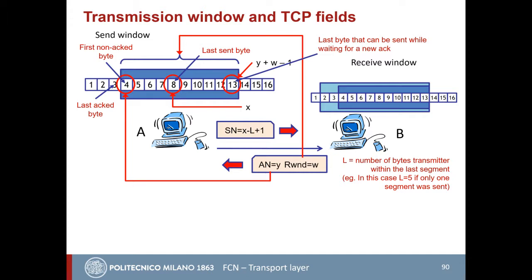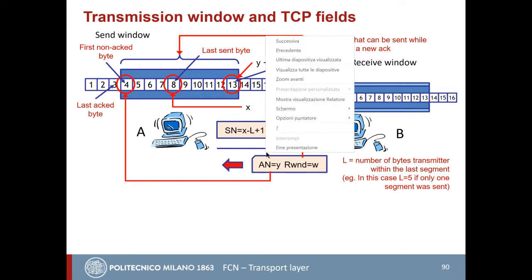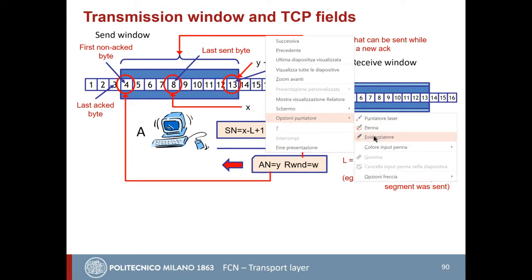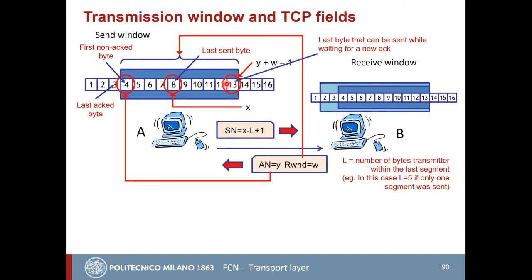Then, if y is the bottom of the window, so in this case y is equal to 4, and if the window size is w, then on the top of the window, you find byte number 13 in this case, that is given by y plus w minus 1.